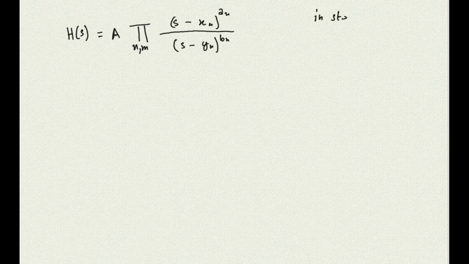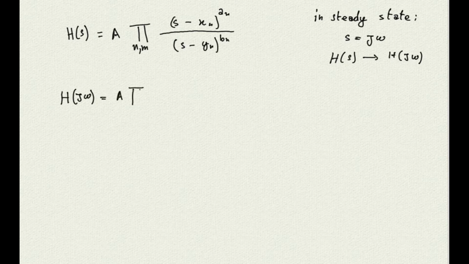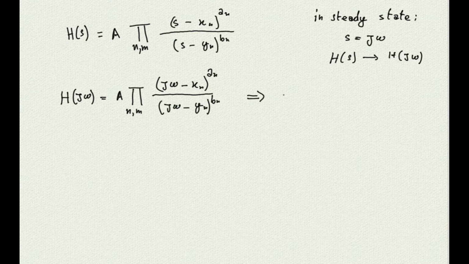In steady state, as we just learned, we can impose s equals j omega. In such conditions, the function H(s) becomes a function H(j omega), and we can write it again as such. This is a complex function. Remember, it is complex because it contains complex numbers, and not because it is complicated.